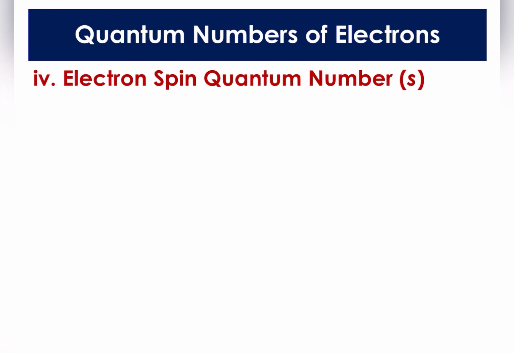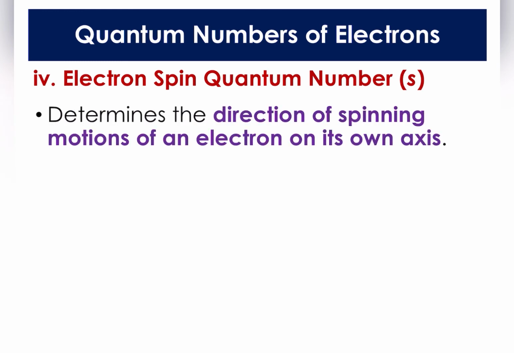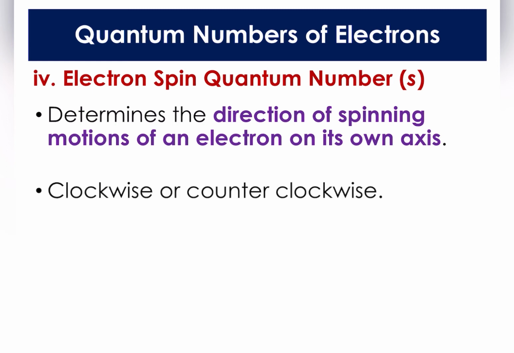Now, we go to the last quantum number, which is the electron spin quantum number. Di mana electron spin quantum number determines the direction of the spinning motion of your electrons that you have in that atom on its own axis. Dan your spinning depends on the direction, either clockwise or counterclockwise ataupun anti-clockwise.